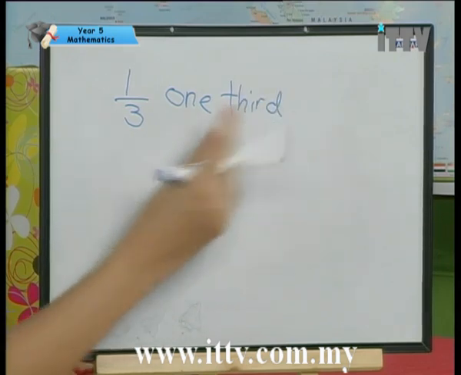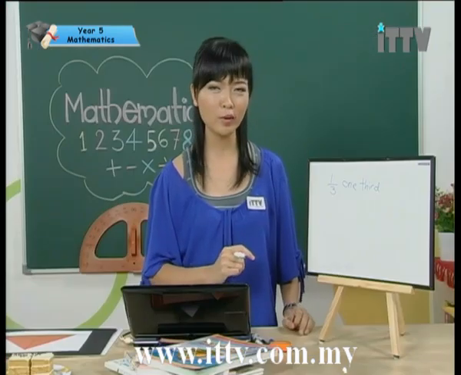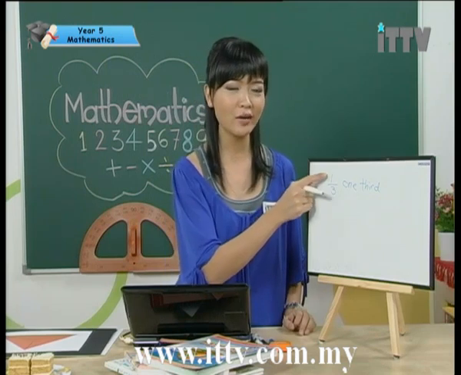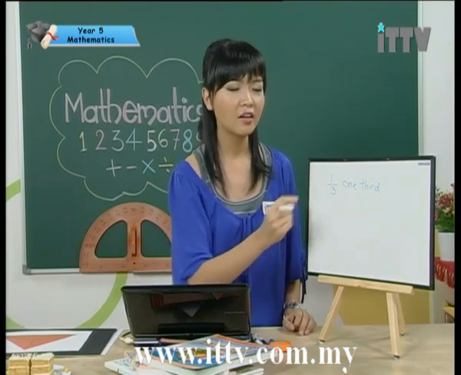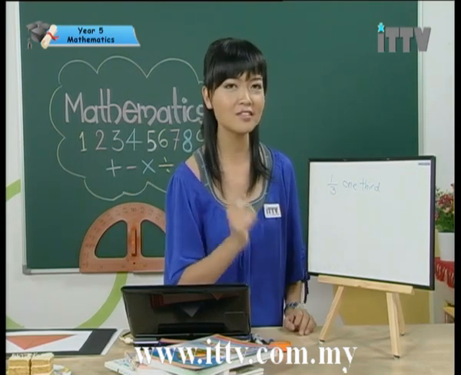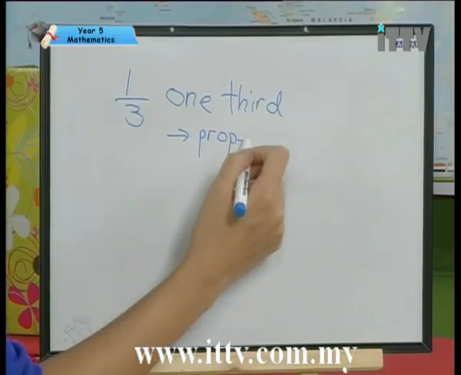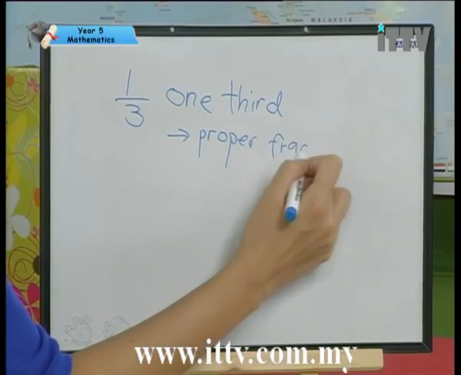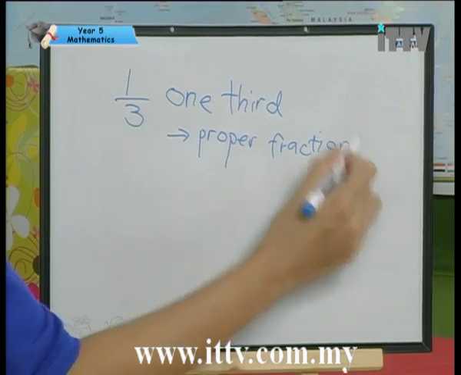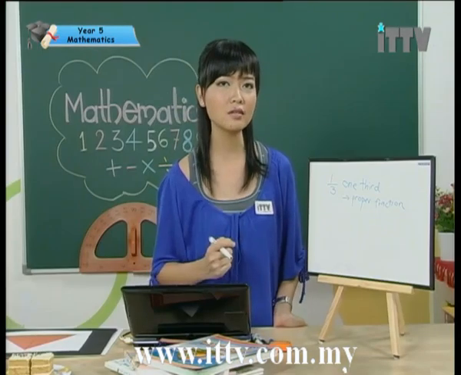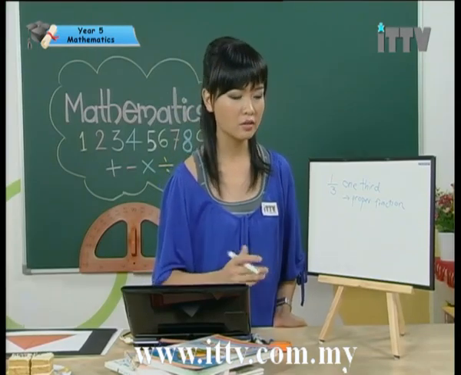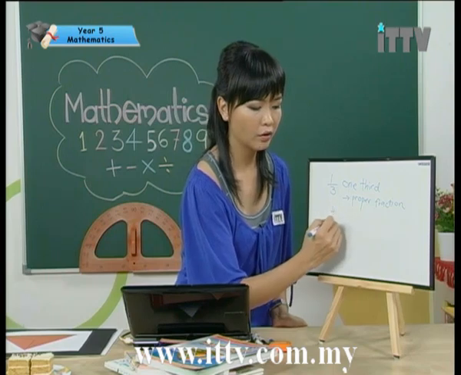Now, 1/3, is it a proper or improper fraction? See, the numerator is smaller than the denominator. So this is a proper fraction. Now, just now, what if I have 4 pieces of the thirds? 4 over 3.